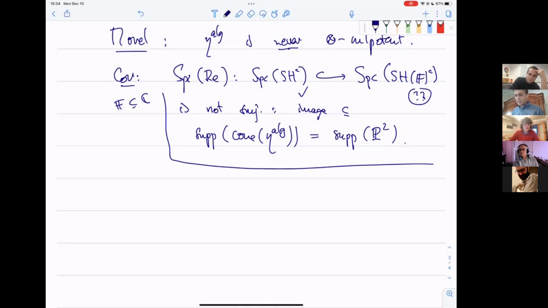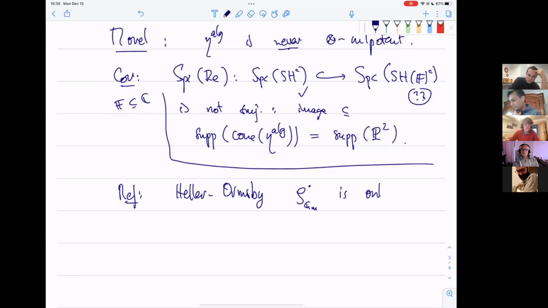Let me just mention here, to save a little bit of time, instead of writing down everything, I would just point to a very interesting reference to work of Jeremiah Heller and Kyle Ormsby, who showed that the comparison map, so I'm going to write it very telegraphically, is onto.